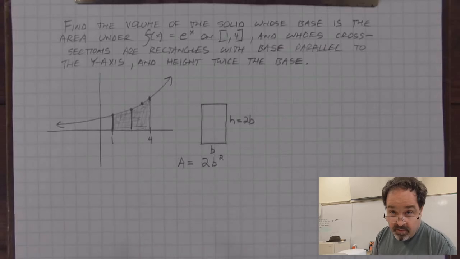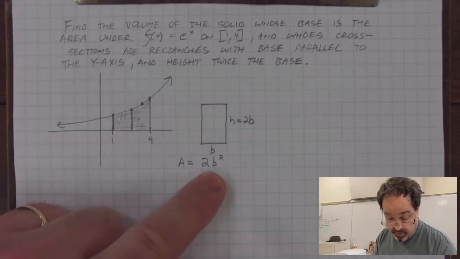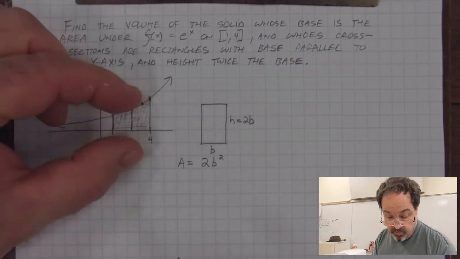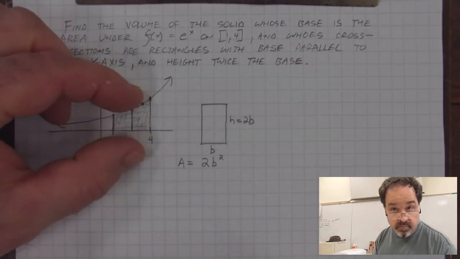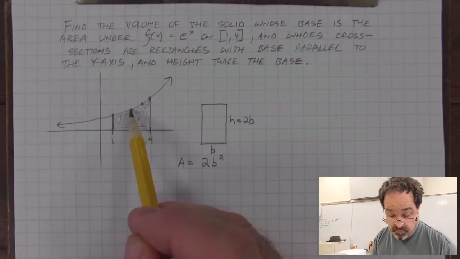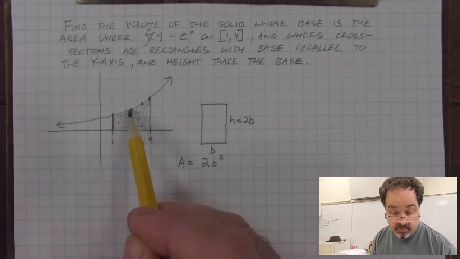So what's the base of the rectangle? The base comes from function values. This function is e to the x.